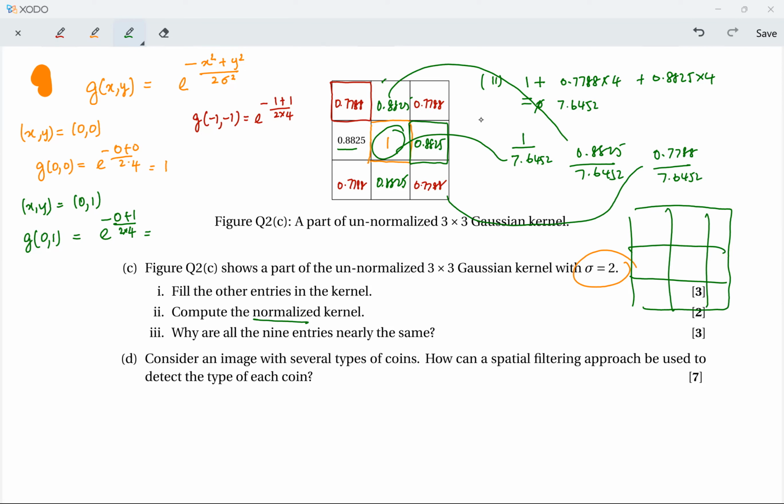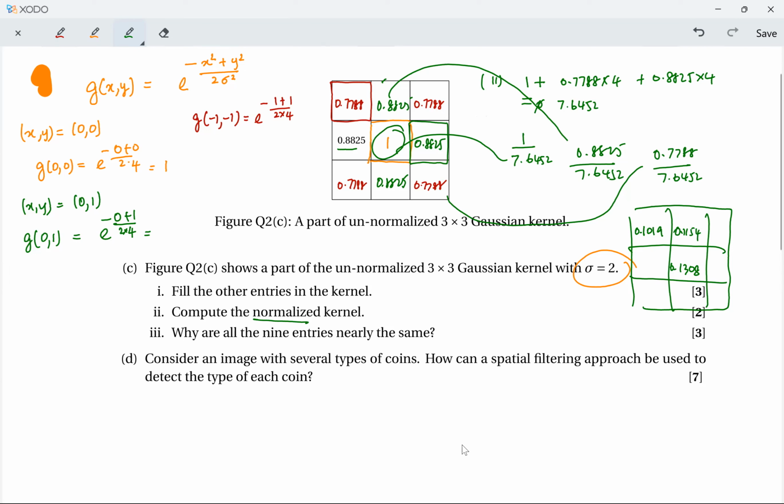So let's do one of them. 0.1308. 0.1019. 0.1154.